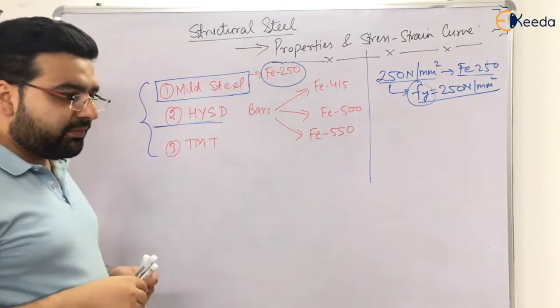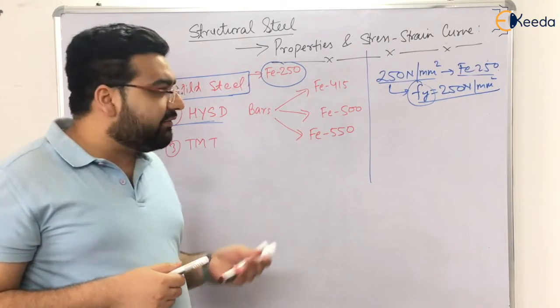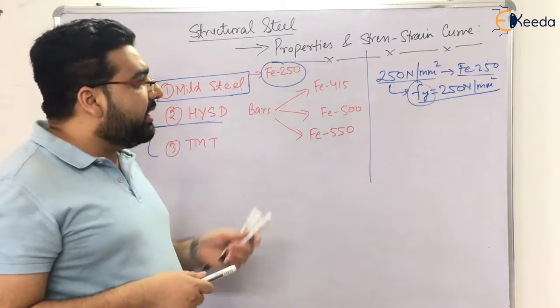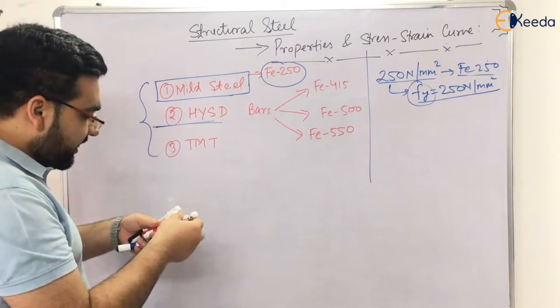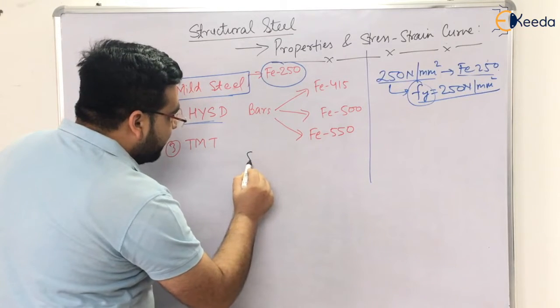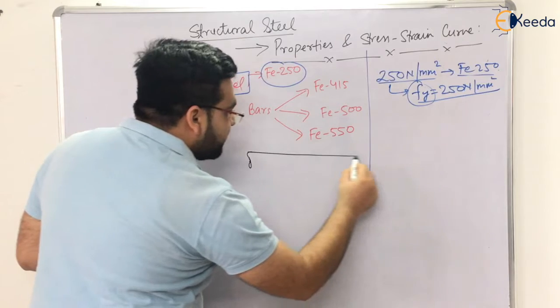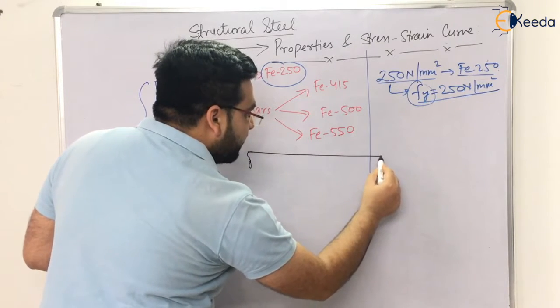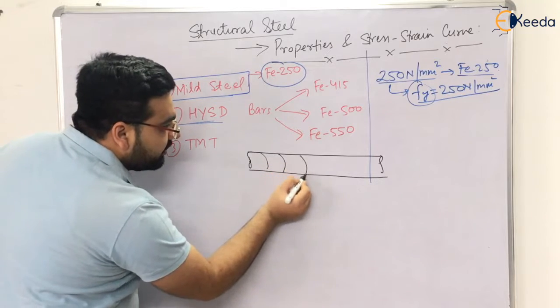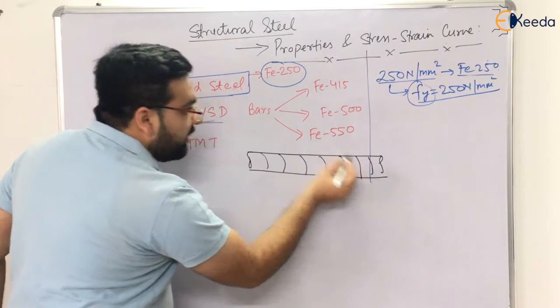Now what are deformed bars? Have you seen bars when you go to some shop, some cement shop? The structural steel bars, they are like this. Let us say this is a structural steel bar, and you must have seen some ribs on the bars.